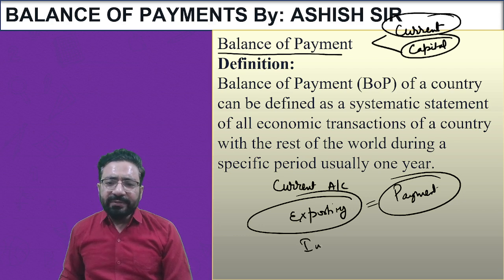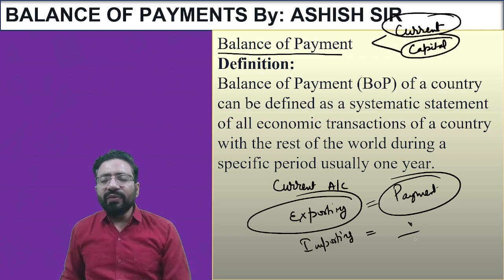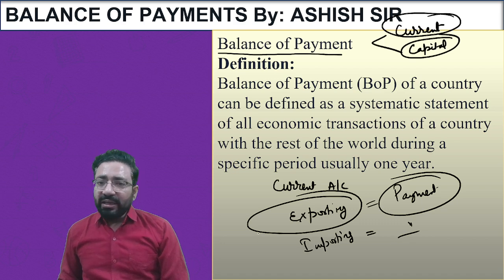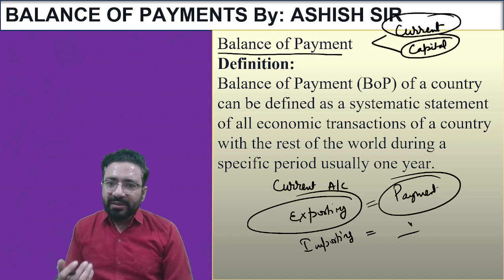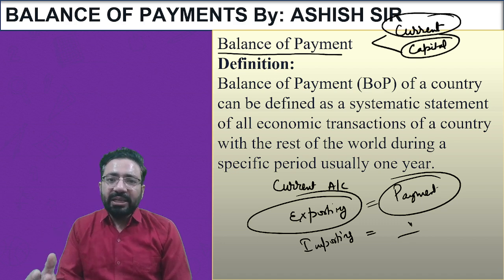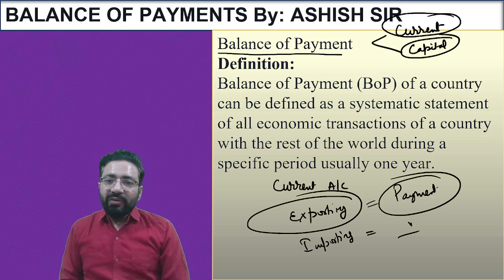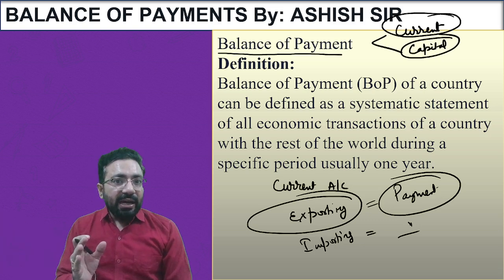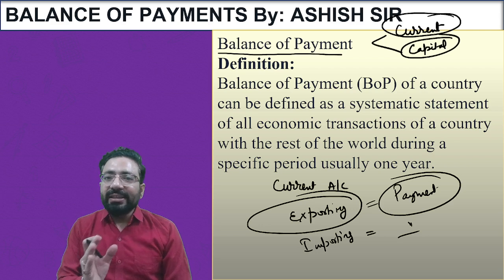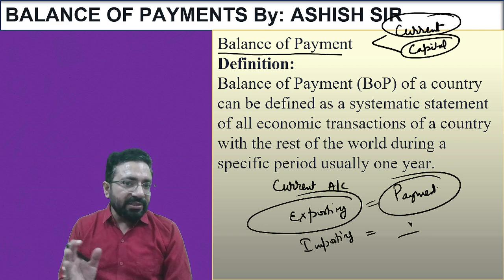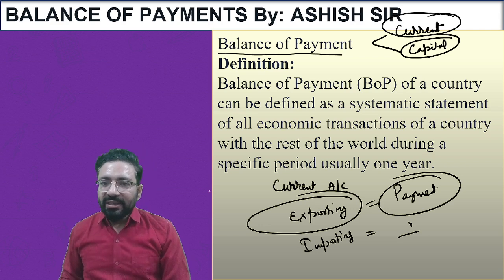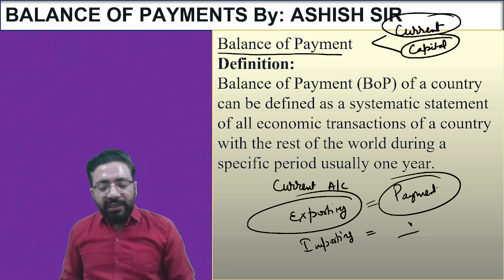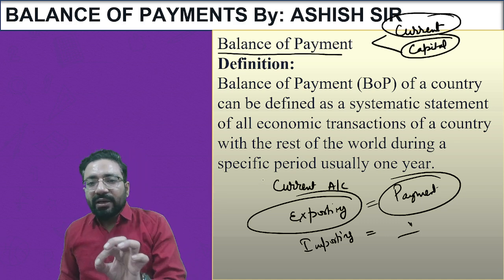We are importing, then also we are making payment in terms of foreign exchange. It is not affecting our assets and liabilities. Some player is coming to our country for playing some game and we are paying a fee to him. It is a transaction that doesn't affect the asset and liability status of a country in terms of foreign exchange. Is that clear? So hopefully the meaning of current account is clear to you.